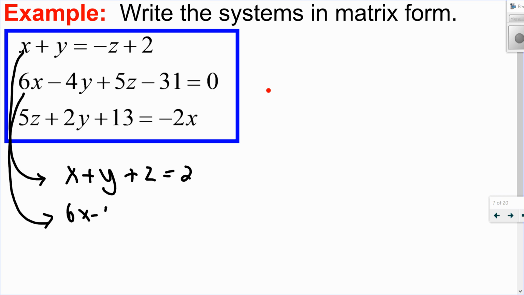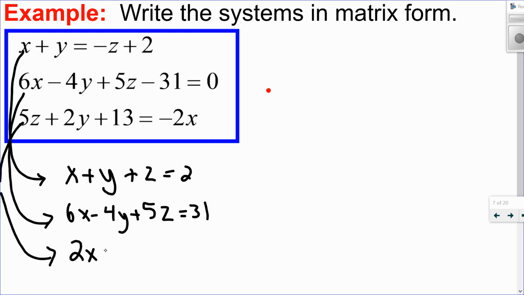So I have x, y, z, and then add 31 to both sides. And then this one here, I'm going to add 2x so that I have 2x over here, x, y, z, and I will subtract 13 from both sides.